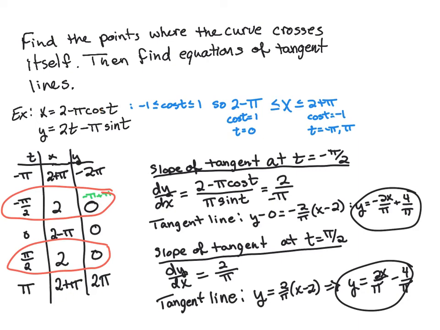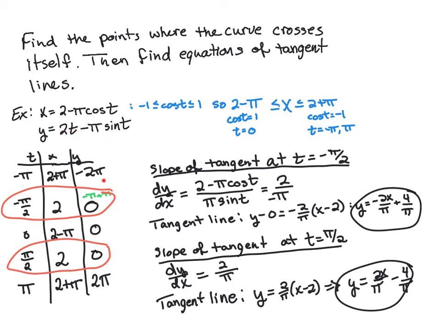The y value is a little more difficult. Plugging in minus pi, I'm going to get minus pi times nothing, minus 2 pi, so it's just 2 pi. Plugging in minus pi over 2, multiplying by 2, this is minus pi, and sine is -1, so plus pi.